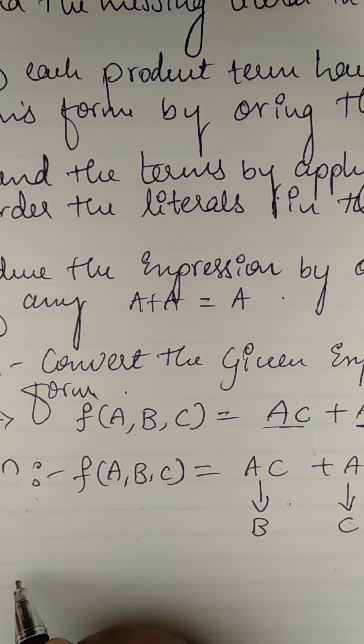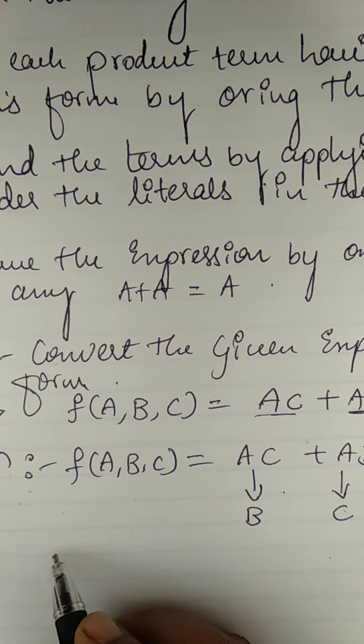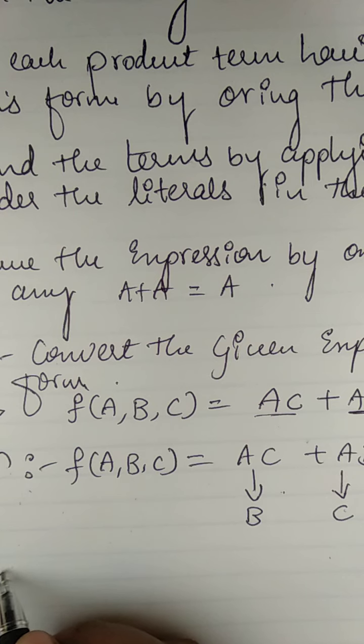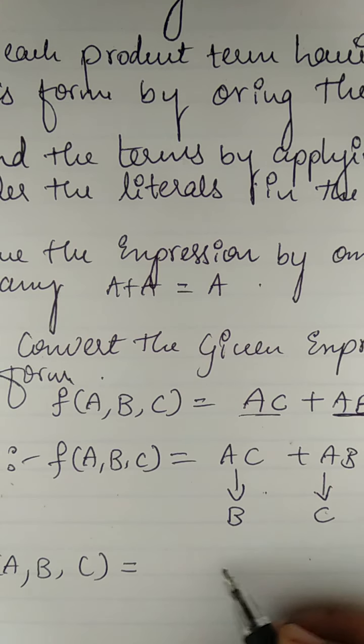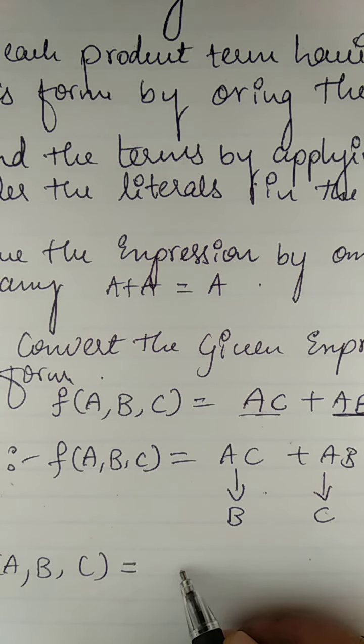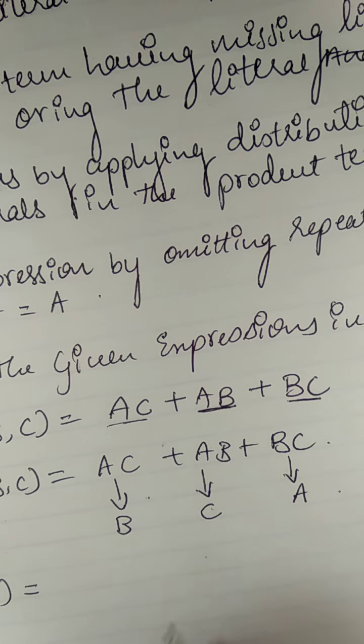So what is the second step? We have to write the missing literals and their complements. So f of A, B, C is equal to our original product terms AC plus AB plus BC. Now we have to write the missing literals and their complements.